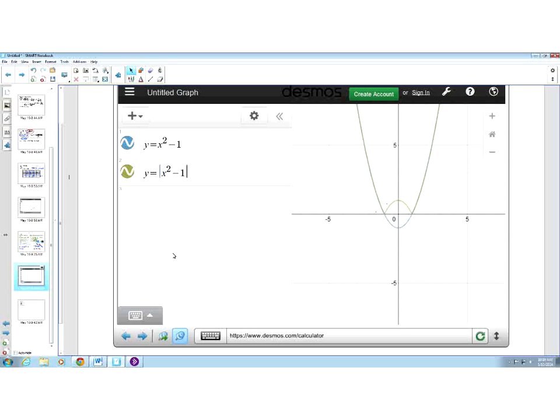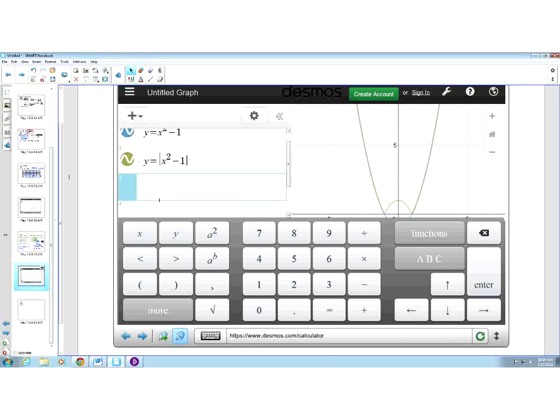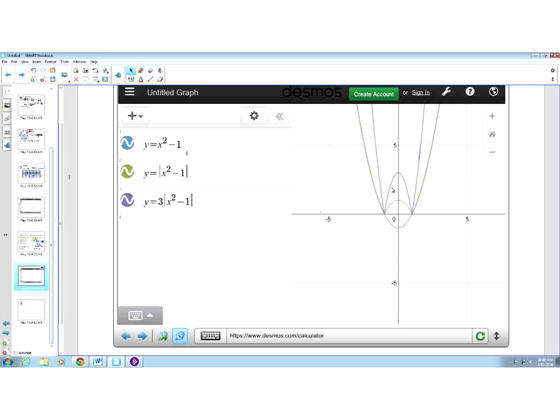Okay, so what would happen if we were to vertically stretch this graph? So it would look something like this. All right, so the purple curve is a vertical stretch. And look at the dynamic of what's going on here.